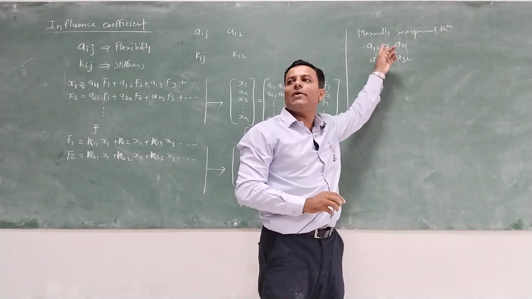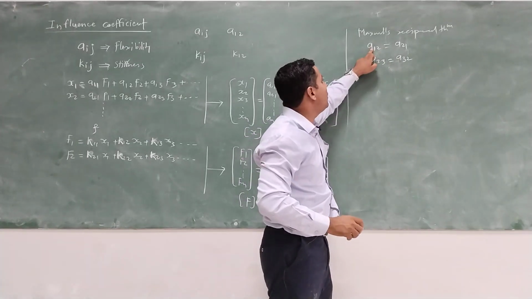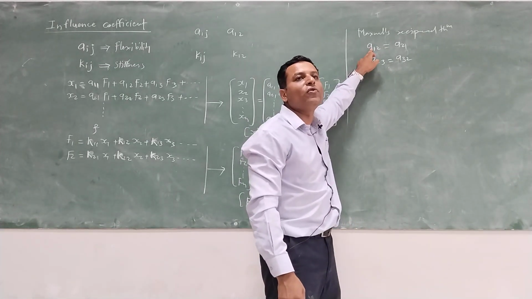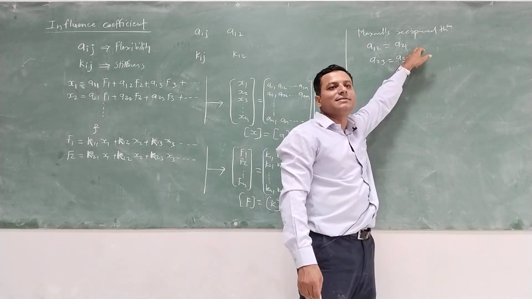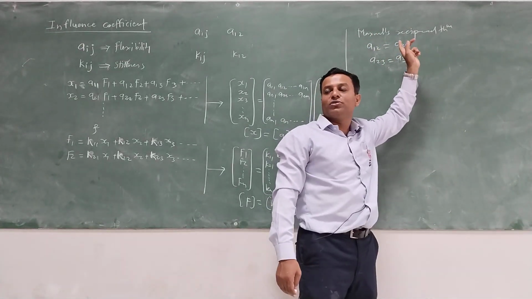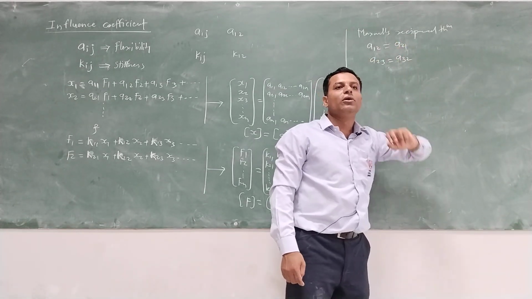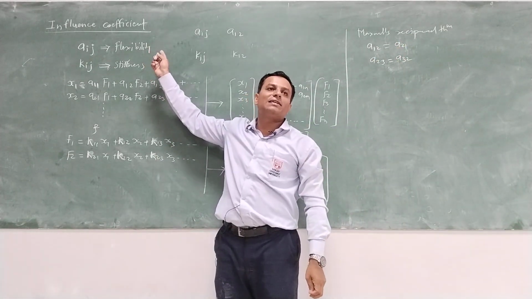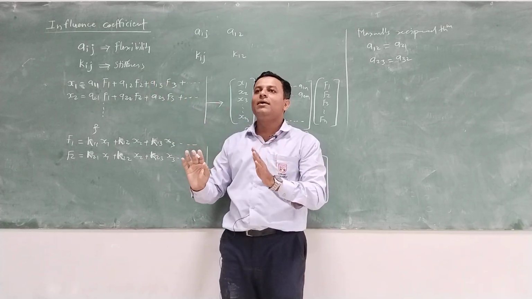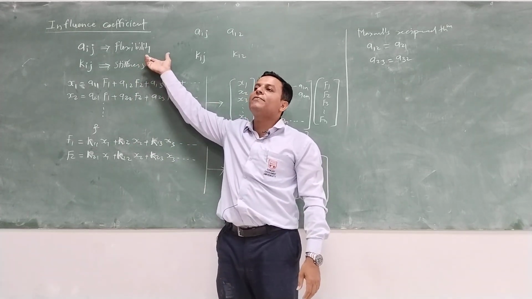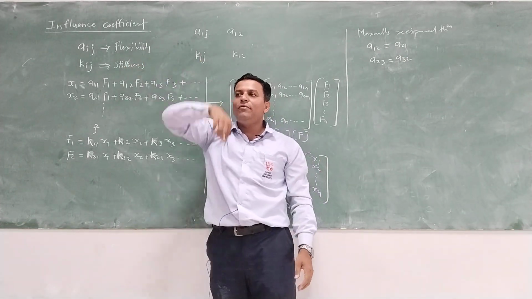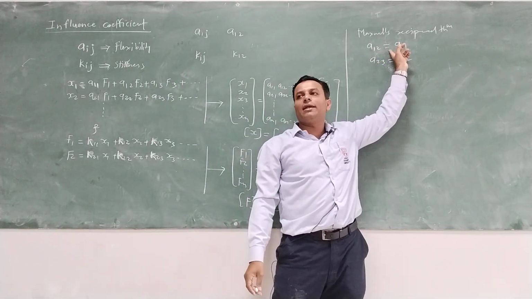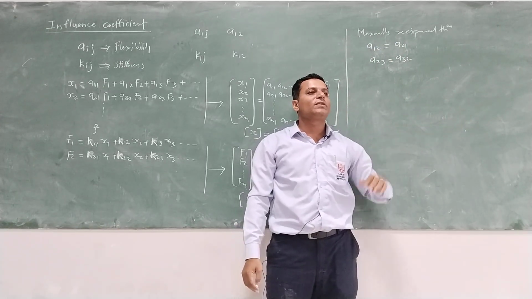All these values are the same. So if you know the value of A12, then there is no need to find A21. The value of A12 and A21 will be the same. So we are going to use this Maxwell's reciprocal theorem to determine the flexibility influence coefficients. First we'll determine some flexibility influence coefficients by using FBD, and then we'll use Maxwell's theorem to identify the remaining flexibility influence coefficients.